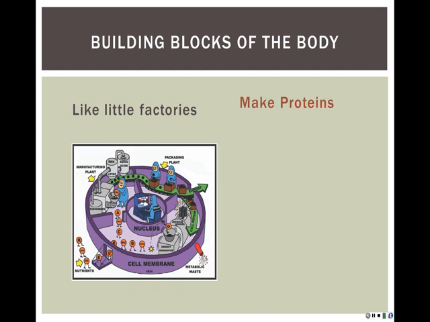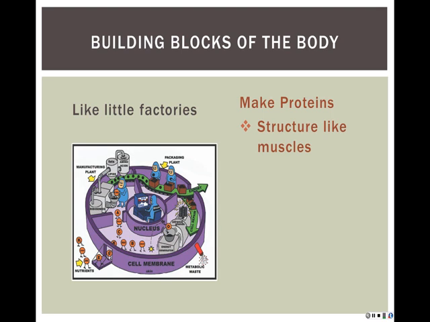Now, think about what kind of substances in the body are made from proteins. I wouldn't be surprised if a lot of people might first think about muscles, and that is definitely true, that a lot of the structure of the body, such as muscles, are created by proteins.